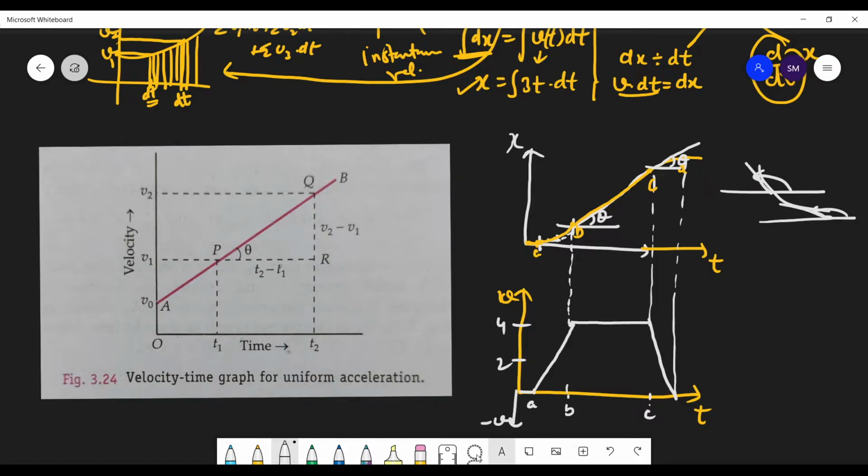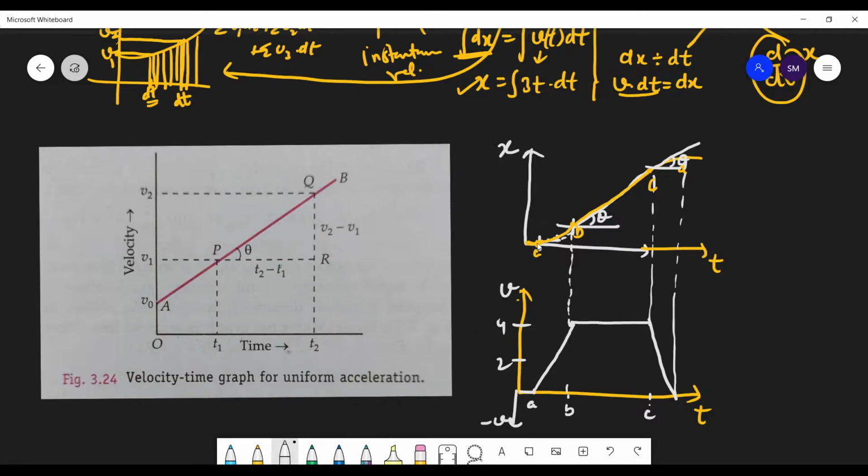But yes, now change this x with v and change this v with a. The rest of the things will remain the same. See the beauty of the concept. Is this clear? Yes, sir. If you write here x, then you have to write here v.